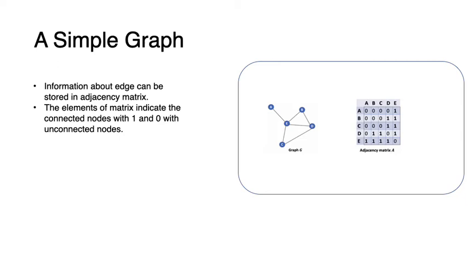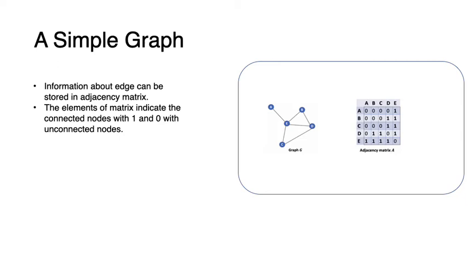Similarly, E to A is also 1, and node E to B is also 1, so B to E is also 1. In this way we can store the information about edges in the adjacency matrix, and we will be using this in our coming lectures.